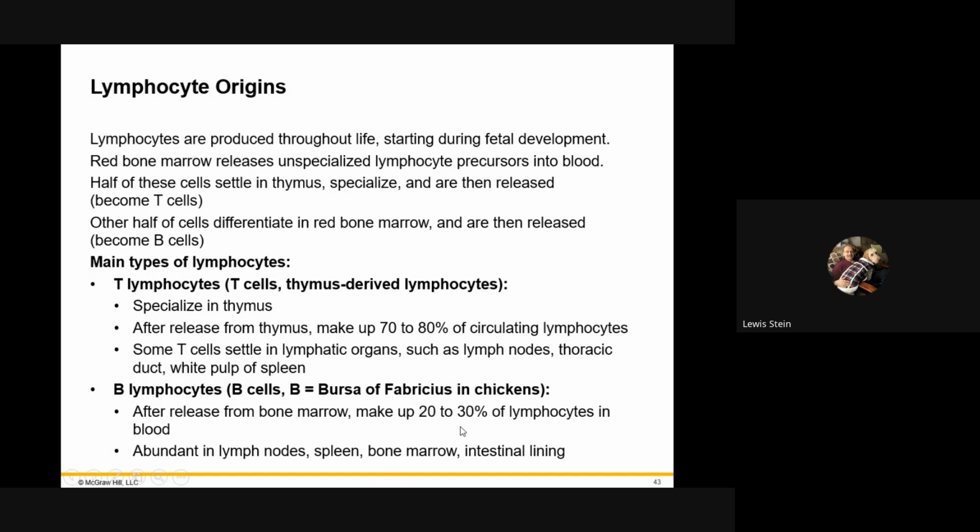So when you look at a blood smear, if you did that in lab, or a tissue smear, and you see lymphocytes, most of them are T cells. A limited number are B cells. B cells, when they're active, change into something called a plasma cell. The best way to describe a plasma cell is kind of like a factory that makes antibodies.